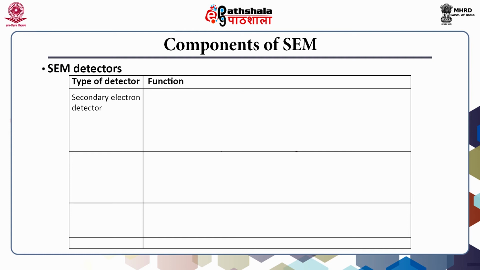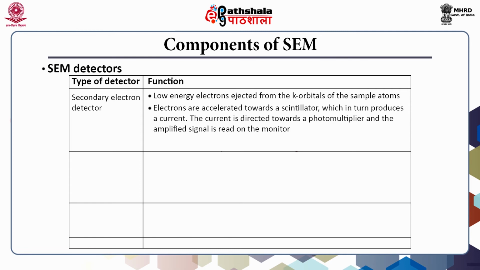Secondary electron detector detects low energy electrons ejected from the k orbitals of the sample atoms. Electrons are accelerated towards a scintillator, which in turn produces a current. The current is directed towards a photomultiplier and the amplified signal is read on the monitor.